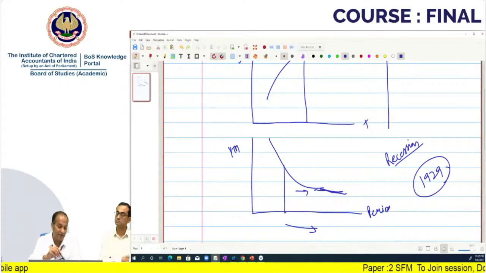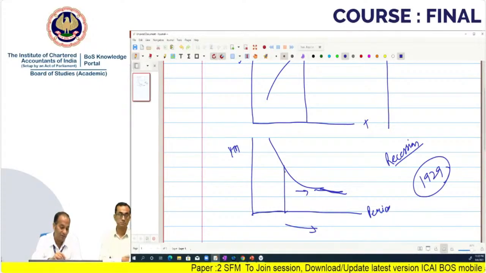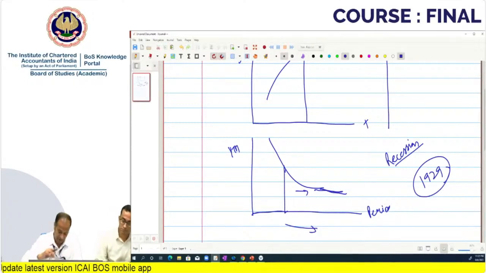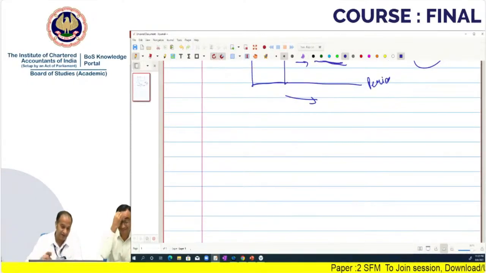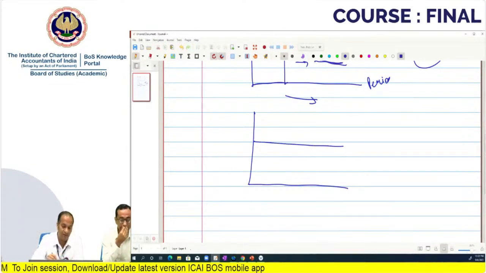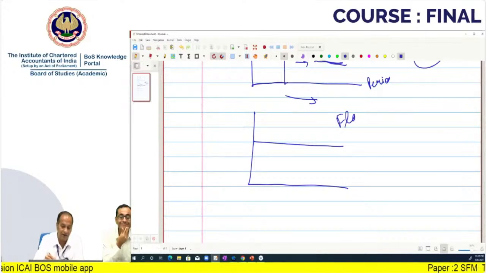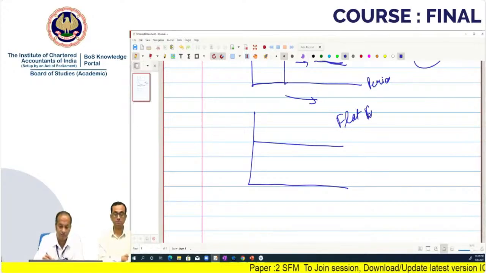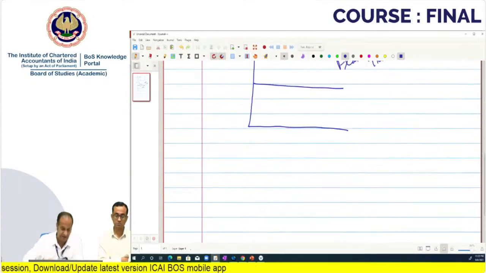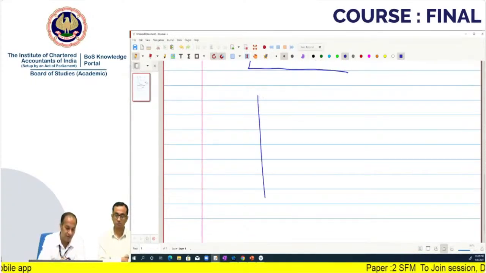Okay, so that's why this is the yield curve for short duration. And there is another version, a flat yield curve, which I've discussed, 6% for all periods. This is called a flat yield curve, but it rarely happens. Then there is another version, the humped yield curve.